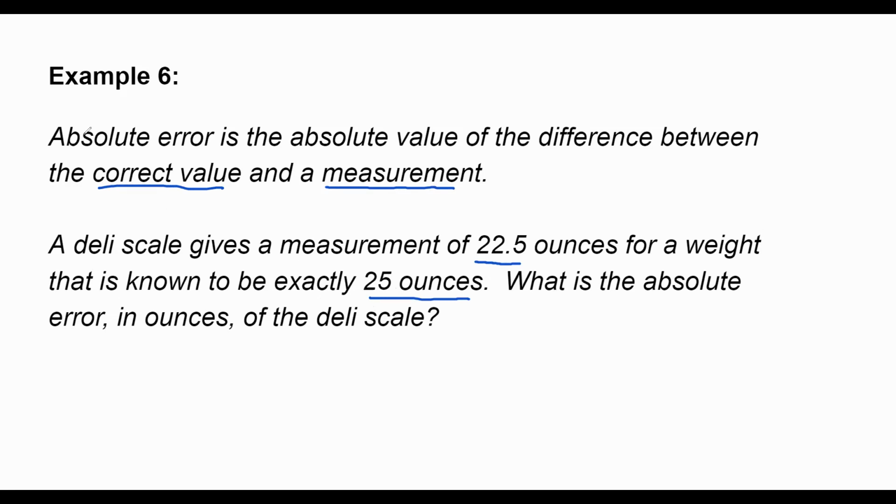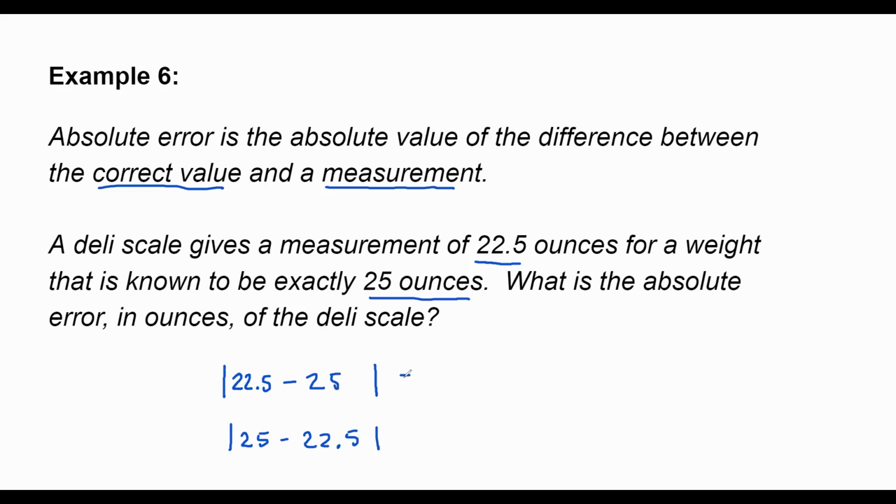Up here, it described to us that the absolute error is the absolute value of the difference between these two numbers. Now, one of the things that absolute value allows us to do is to not worry about which way we subtract. So, for instance, we can take 22.5 and subtract 25. Or we could do it the other way, and we could say 25 minus 22.5. Either way is going to give us the same result.